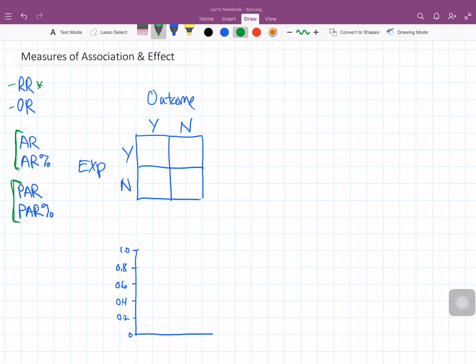So really quickly, we had an exposure, which was abuse, and we had an outcome, which was suicide. And this was, just as a reminder, from a population of chemically dependent adolescents. So I'm going to go ahead and write that up here. The population was chemically dependent adolescents.